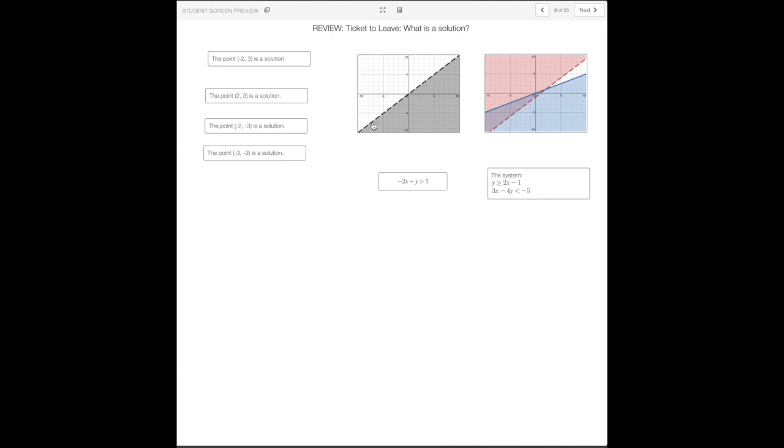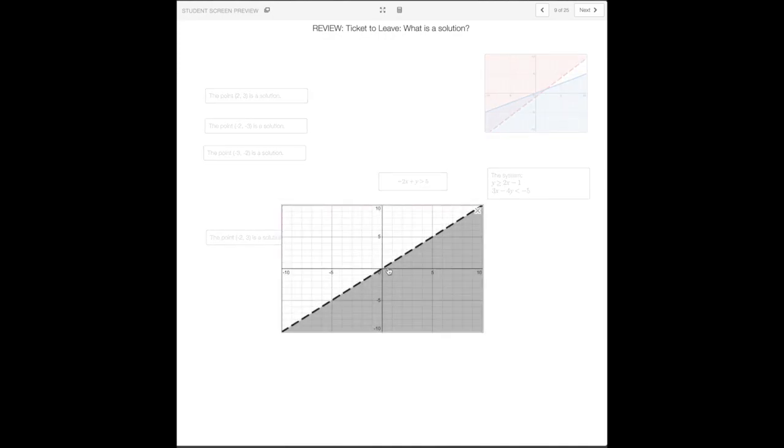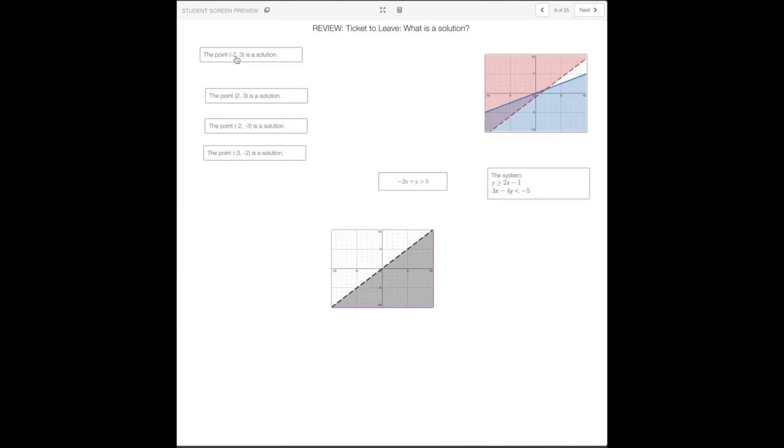Okay, so now I need to check, okay, what is the solution? Let's check the graphs first because those are pretty simple. I'm going to guess this one. Let's look at (-2, 3) and see if it is a solution. If I do that, let's see, -2, 1, 2, +3, 1, 2, 3. Okay, well, (-2, 3) is not a solution for this one because I'm in my unshaded region. So I'm going to move that back.